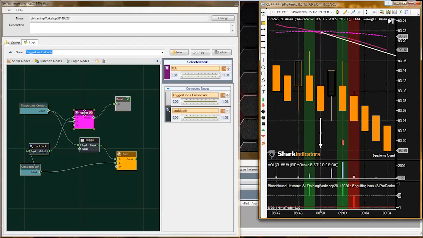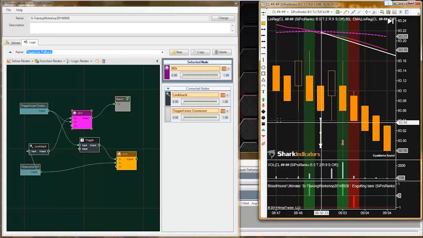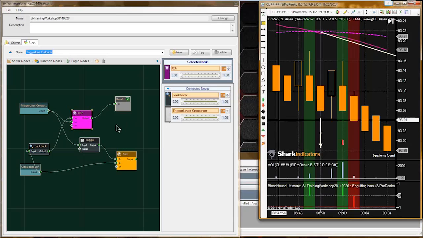That's because I have 2 connections coming into the XOR, and 2 long short signals coming into the XOR, and so the XOR actually negates that signal. I'll just keep it in simple terms like that.